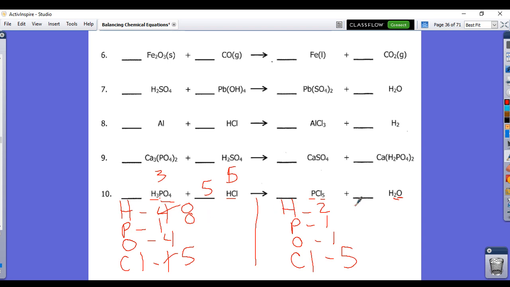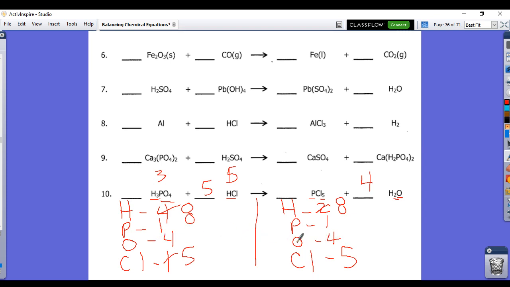So then I'm going to go over here and make my hydrogens equal 8. What number times 2 gives me 8? That would be 4. So 4 times 2 gives me 8. But it also changes my oxygen to a 4. And voila, it already made your oxygens equal.